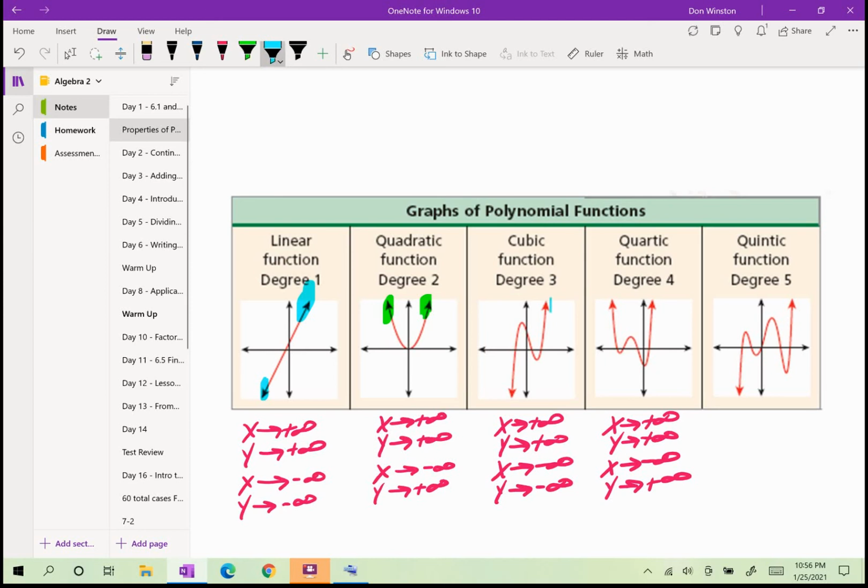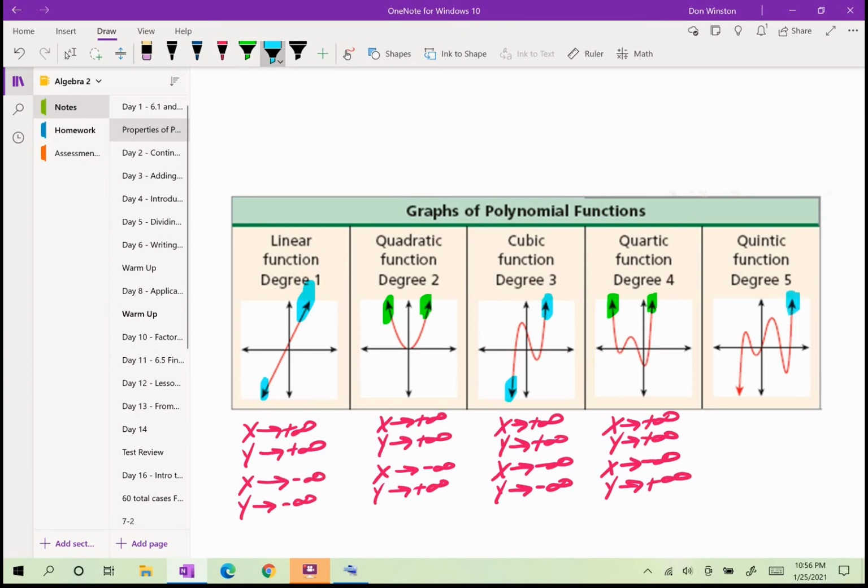For degree 3, again, the end values go in opposite directions. One is going to positive infinity, another one is going to negative infinity. For degree 4, even, the end behavior values are both increasing. They're going to positive infinity.